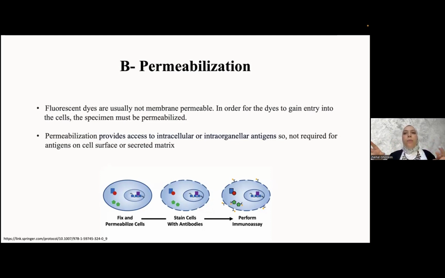So we have to permeabilize the cell membrane to access the intracellular and intraorganellar antigens. But if our antigen is on the cell surface or the cell membrane surface, permeabilization will not be done. But it's best to do the permeabilization step.